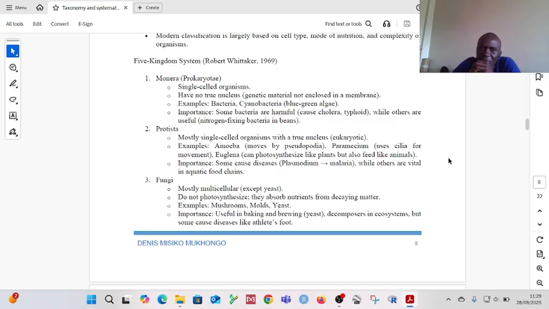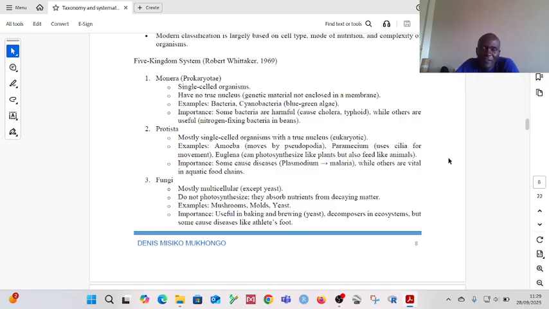The other kingdom is the Protista. The kingdom Protista mostly includes the single-celled organisms, but they have a true nucleus. Monera also have single-celled, but not true nucleus. Protista, yes, they are single-celled, but they have a true nucleus. So in a way, the Protista become single-celled eukaryotes.